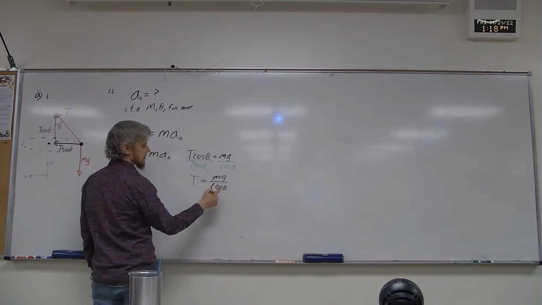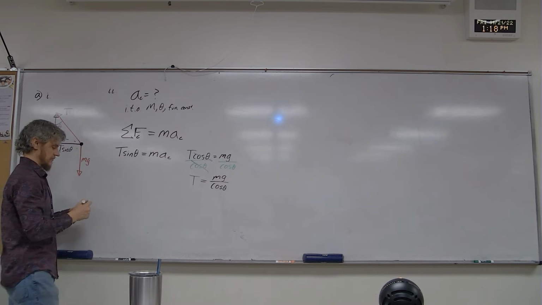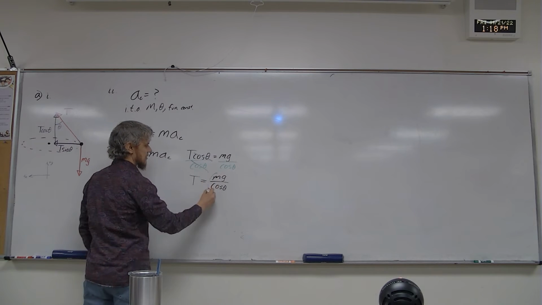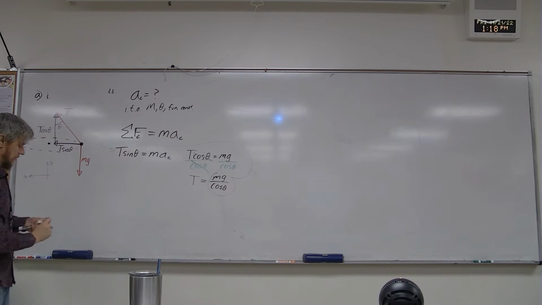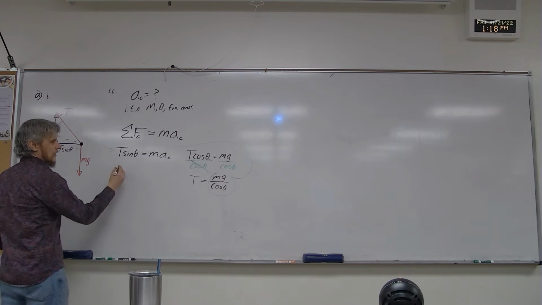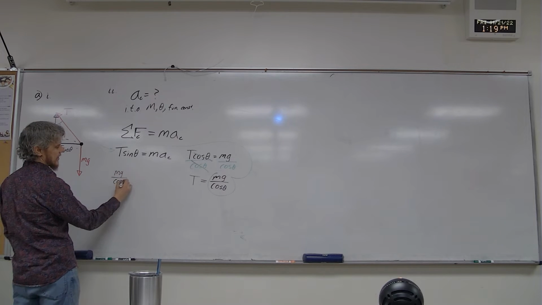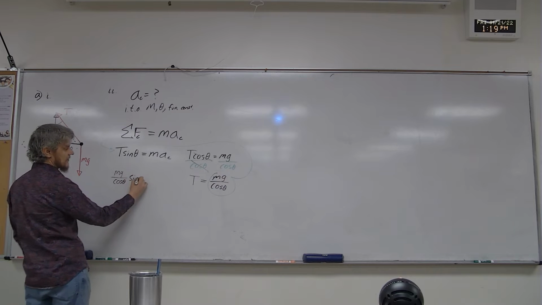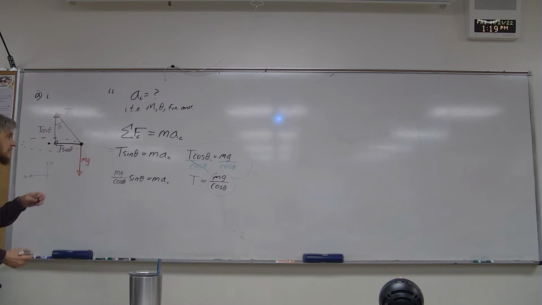And then I could substitute mg over cosine theta in for the tension in this equation. When I do that, I get mg over cosine theta instead of the tension, times the sine of the angle, equals mass times centripetal acceleration.